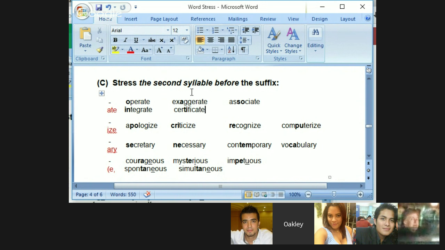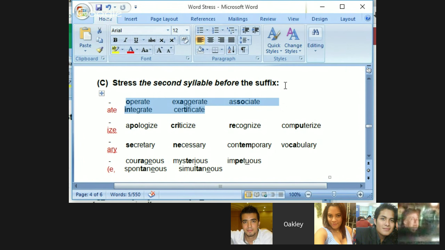Okay. Pretty good job finding the main stress syllable. Very good. What kind of words are these? Adverbs? No, not adverbs. I don't know. Actually, let me just tell you right now, so you can stop guessing adverbs.